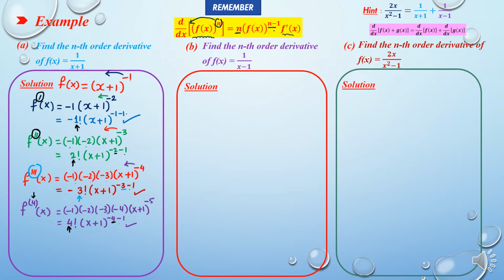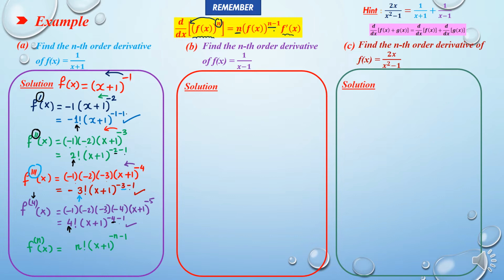So if we want to find the nth order derivative of the function f of x, this equals n factorial multiplied by (x plus 1) to the negative n minus 1.